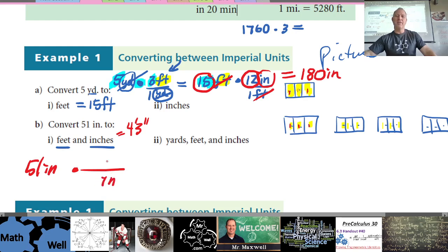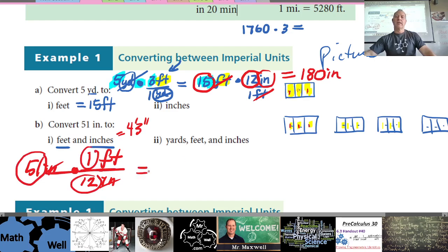Inches on the bottom and feet on top. Why? Because I want to eliminate the number of inches here and get the number of feet. So there's 1 foot, and that is to 12 inches. That's the relationship there. So I do 51 times 1 divided by 12. That will give me the number of feet.